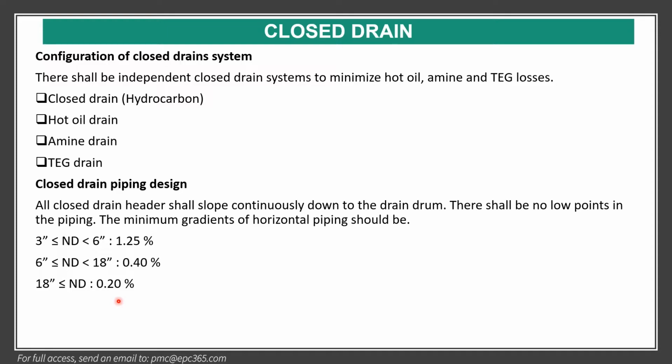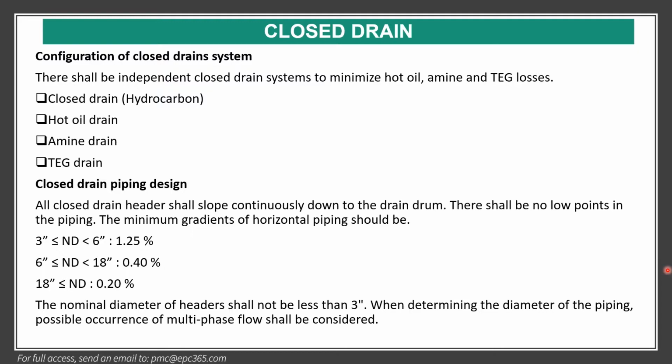Of course, it depends on the company philosophy and specification also. The nominal diameter of the header shall not be less than 3 inches. When determining the diameter of the piping, possible occurrence of multi-phase flow shall be considered.